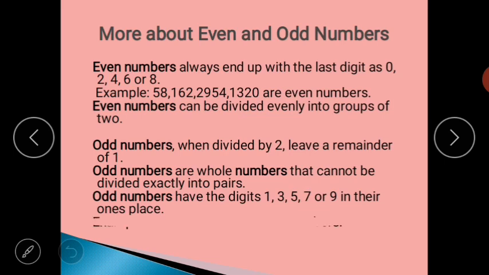For example, 15: the last place digit, or you can say the ones place digit, is 5, so it is an odd number. In 71, you can see 1 is in the ones place, so 71 is also an odd number.